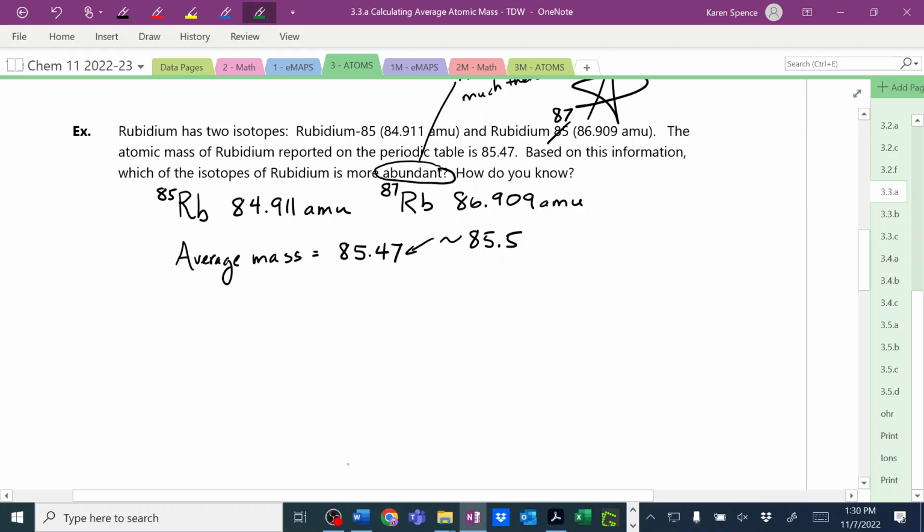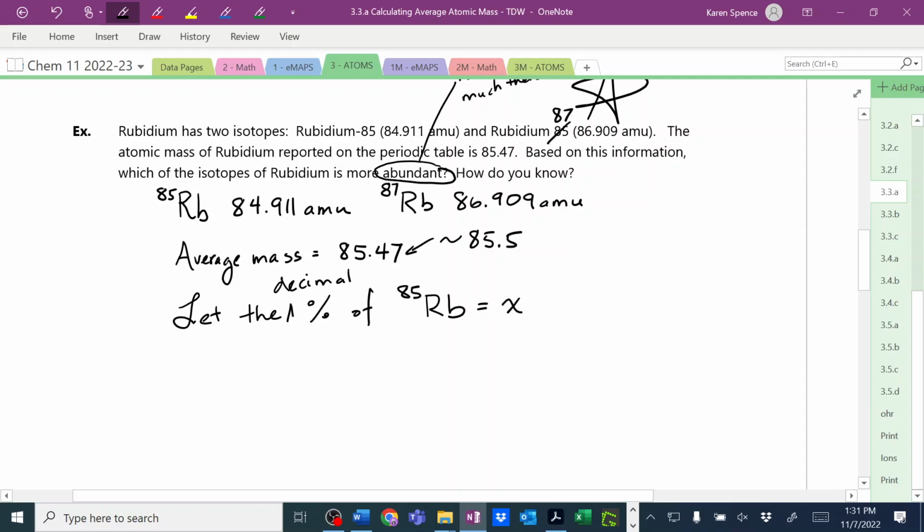So I would say let the decimal percent of Rb-85 equal X. In fact, I'm going to make it the decimal percent because that makes my life easy.